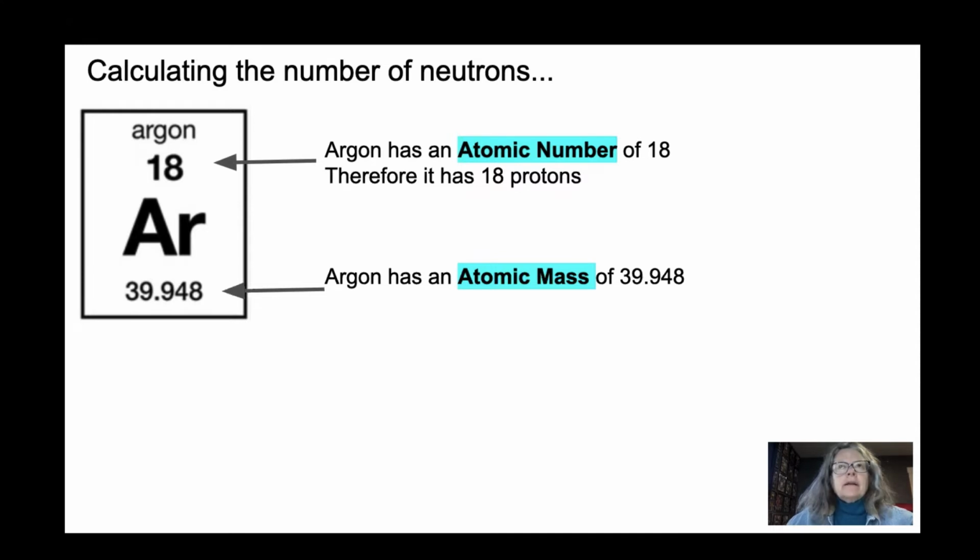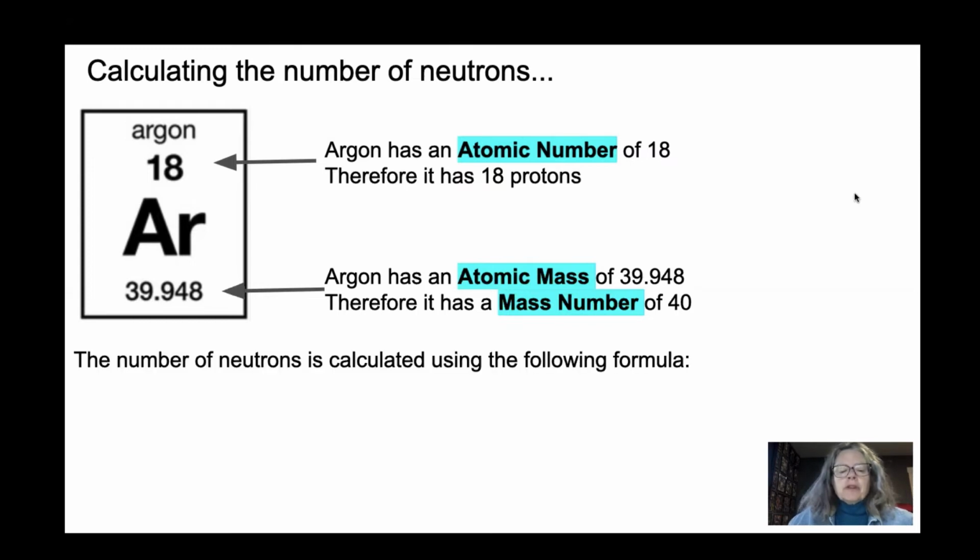An atomic mass unit is, for all intents and purposes, the mass of one proton or one neutron. It's a little bit more complicated than that, but that's as far as we need to go. So the atomic mass is 39.948, which means the mass number is going to be 40, because you round that number up. Okay, so now we have all the numbers we need.